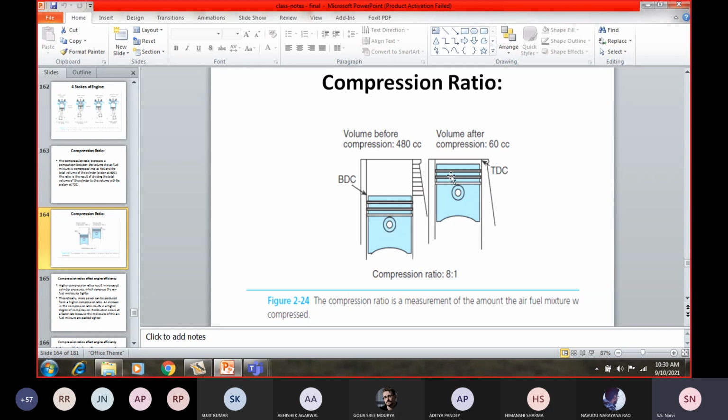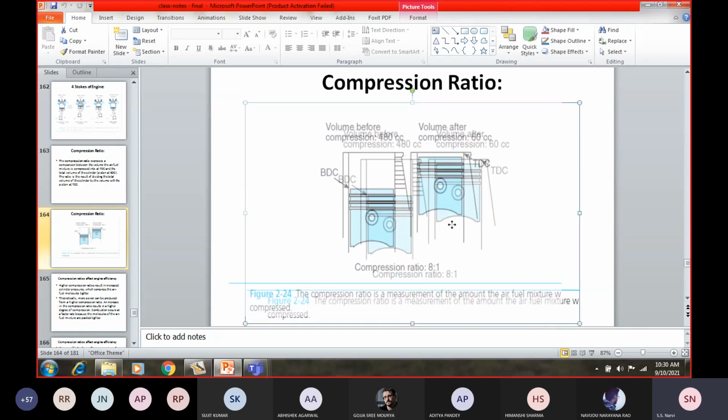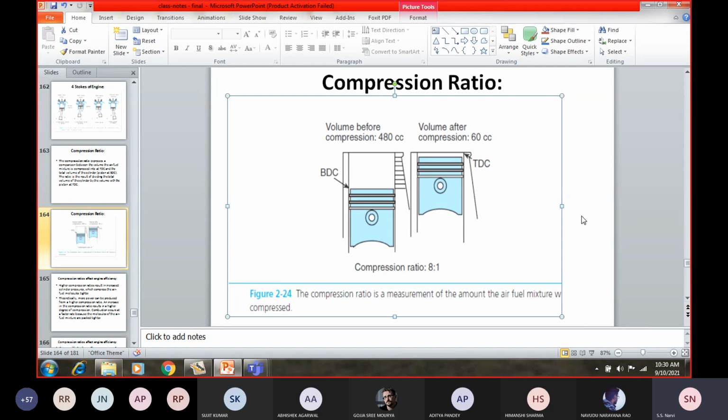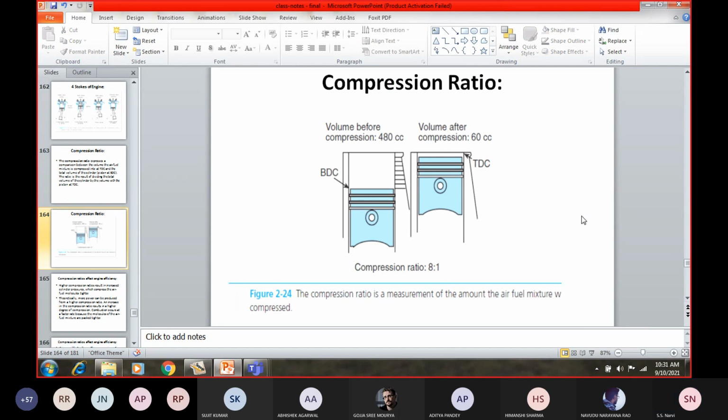And this is the minimum volume when the piston is up. So this is the maximum volume which can be obtained by pulling the piston down to the maximum. And this is the minimum volume here, which is when the piston goes up to the highest point, isn't it?